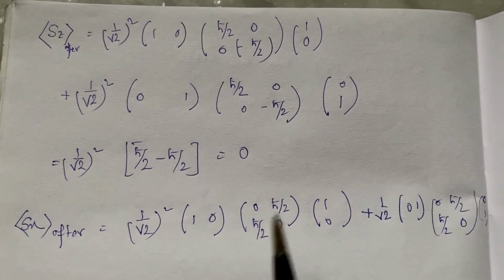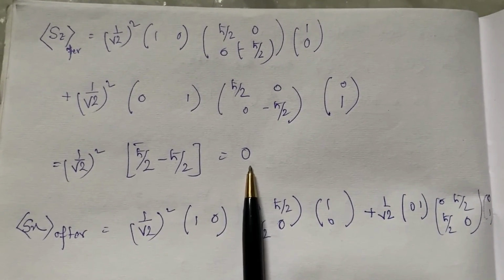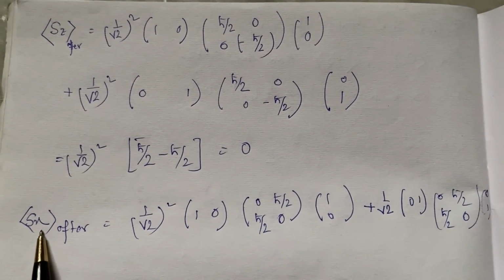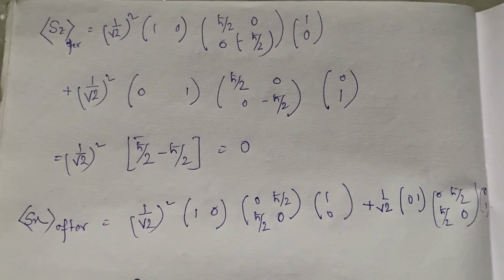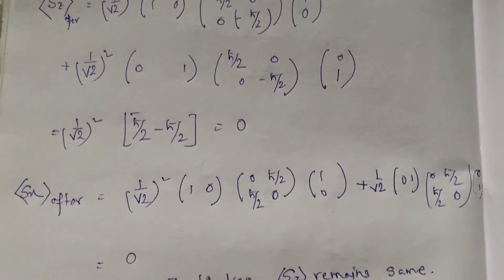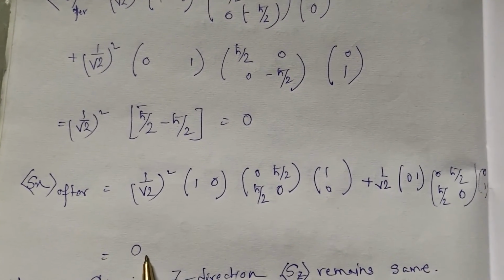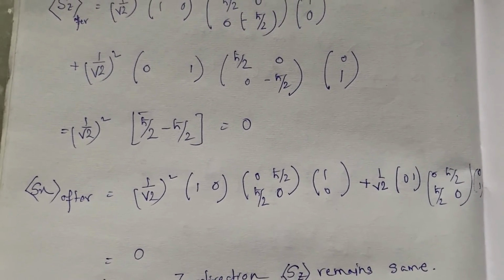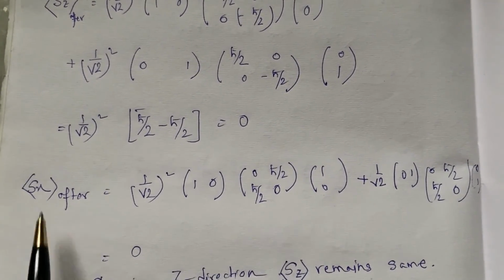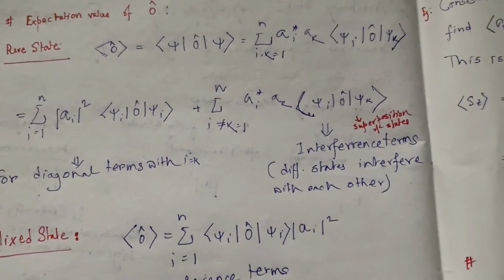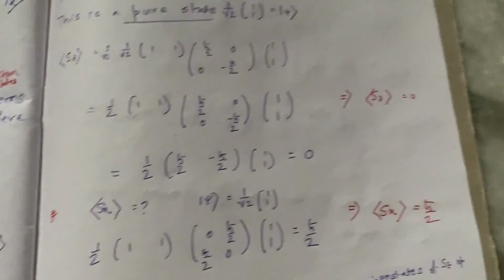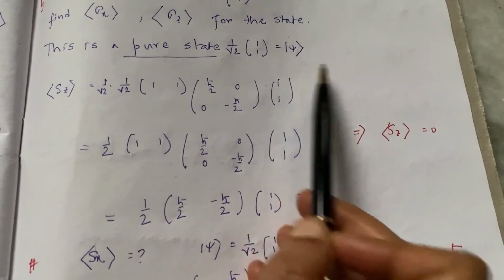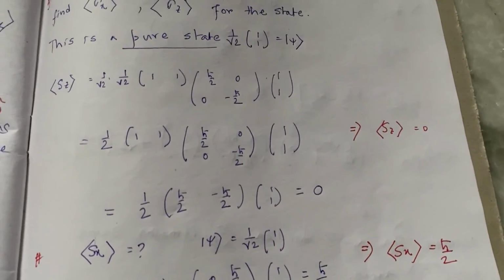Now before I got the value 0, now if I try to measure the value of Sx in psi after, then I am getting 0 here. Now this is quite surprising, because when I tried to measure the expectation value of Sx in its own eigenstate, which is a pure one, and which is this 1 by root 2 (1, 1), I got h cross by 2.